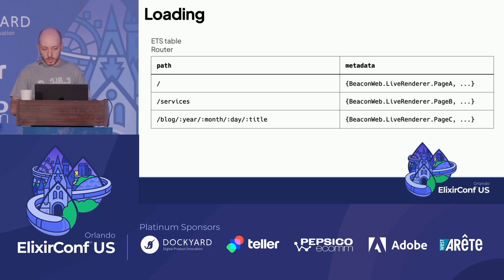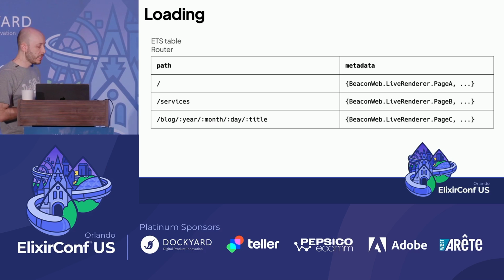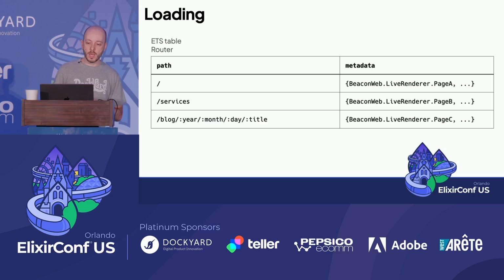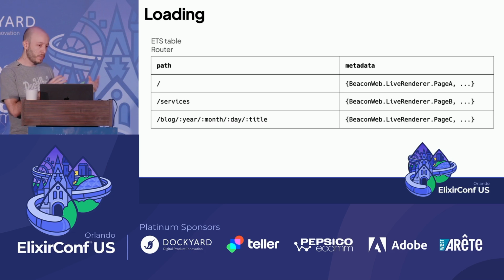So this table works like a router, because in Beacon we need to add and remove pages at runtime, so it's more flexible to have this table. It's a router table. All right, so the loading process is done. We got the template from the database, compiled a page module for each page, and populated this router table.